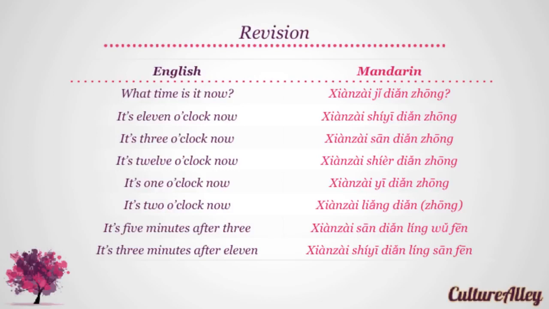Good. It's 1 o'clock now is 现在1点钟. It's 2 o'clock now will be 现在2点钟. It's 5 minutes after 3 is translated as 现在3点05分. And it's 3 minutes after 11 becomes 现在11点03分.